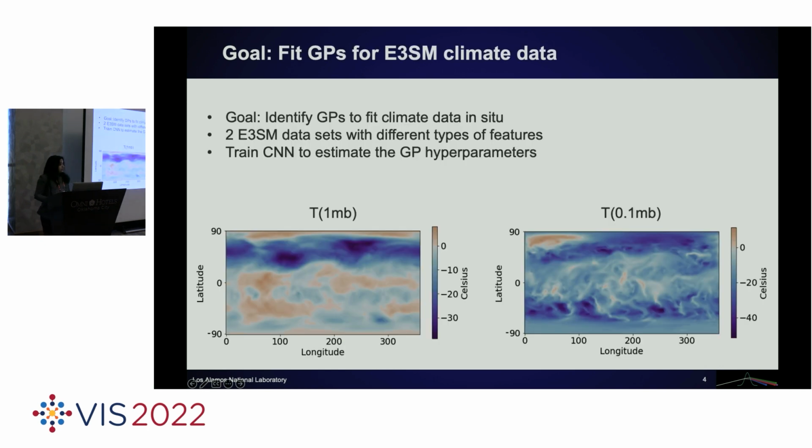We looked at two different E3SM data sets: the temperature at 1 millibar and the temperature at 0.1 millibar. These two data sets have very different types of features: larger low frequency features as well as smaller high frequency features. The goal was to train a neural network so that we can estimate both types of features and pretty much everything in between.